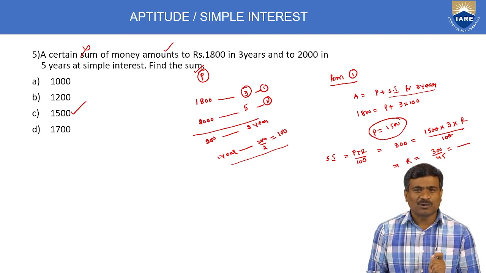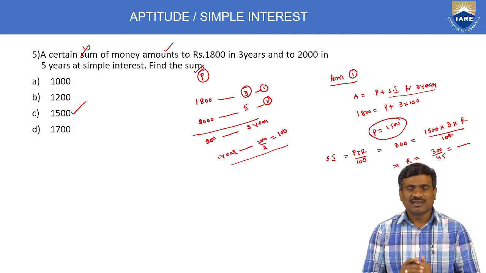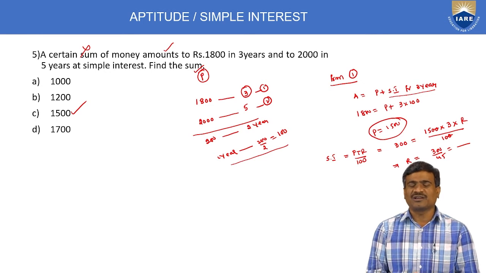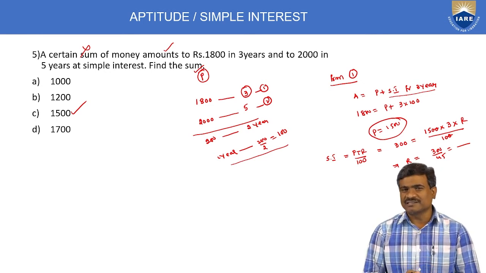This model is important for campus placements. Here it is important that only amounts and time conditions are given, and we calculate the principal amount and rate of interest. The method is easy: from the two equations, calculate the gap between the amounts only. That amount gap is 200, time gap is 2 years, so 1 year is 100 and so on.